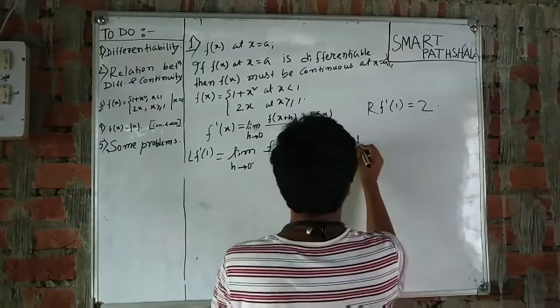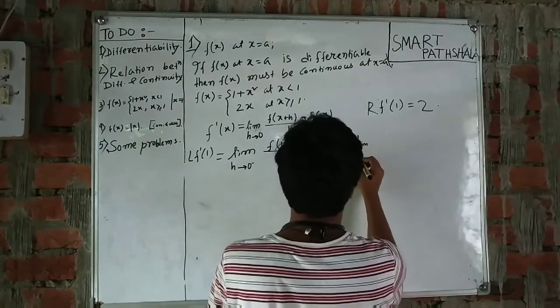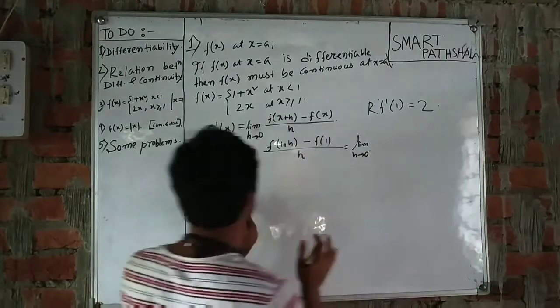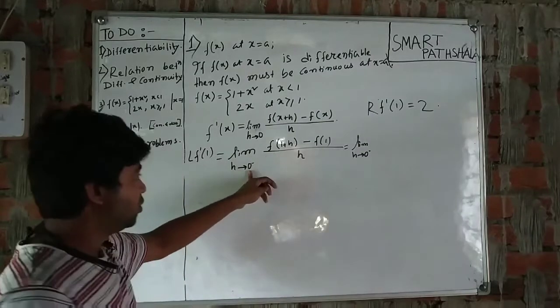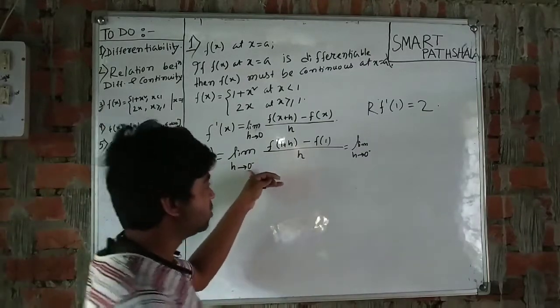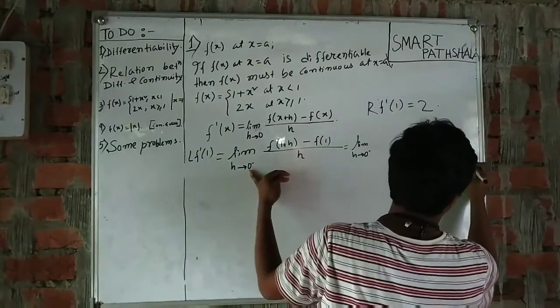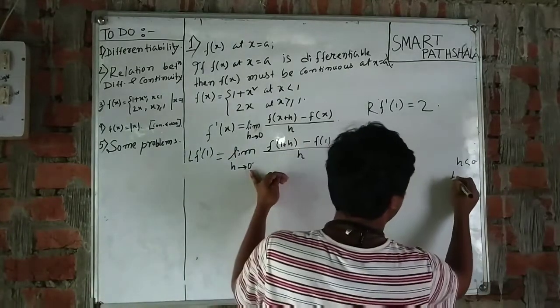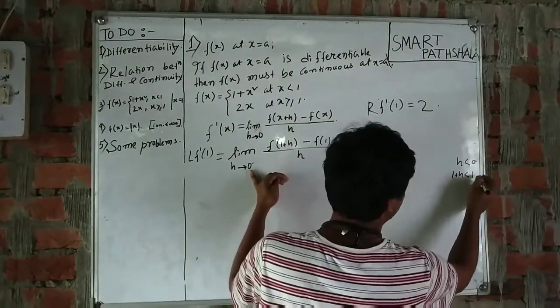Now simplifying it more, focus here, h is tending towards 0 from the leftward direction, so h must be less than 0, which means 1 plus h is less than 1.